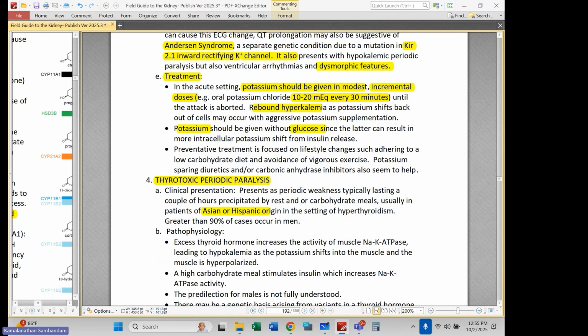If you give glucose, insulin could potentially spike further, and then further worsening of the periodic paralysis and hypokalemia. Again, preventive treatment can involve a little bit of regular potassium supplementation, or even precipitating a little bit of a metabolic acidosis by giving potassium sparing diuretics.